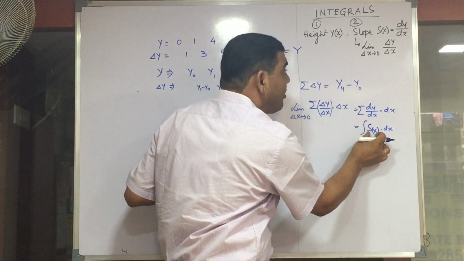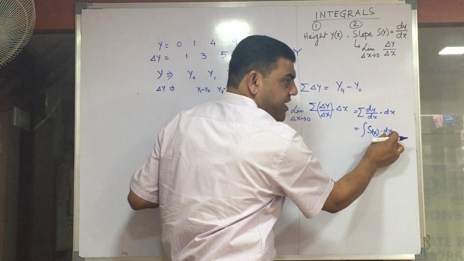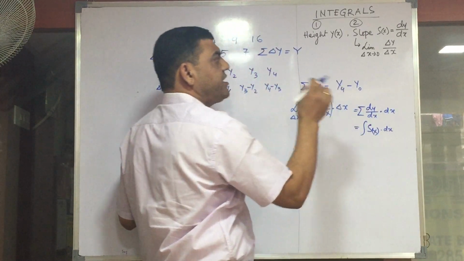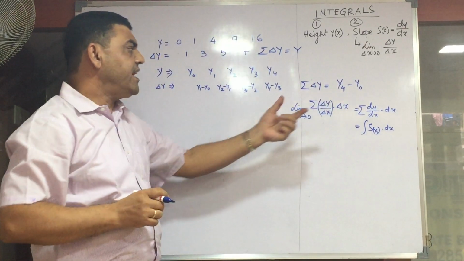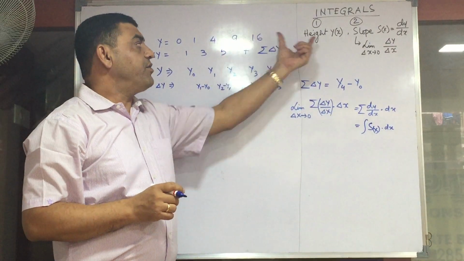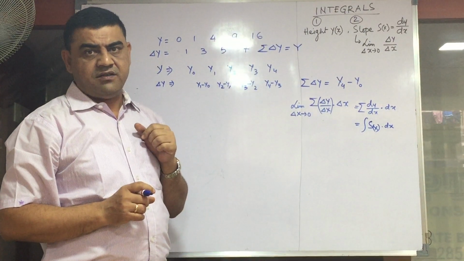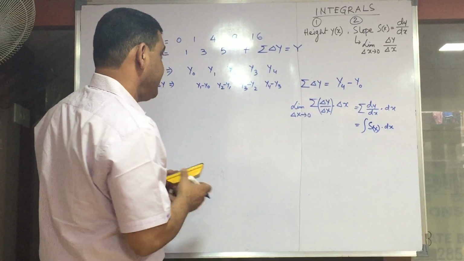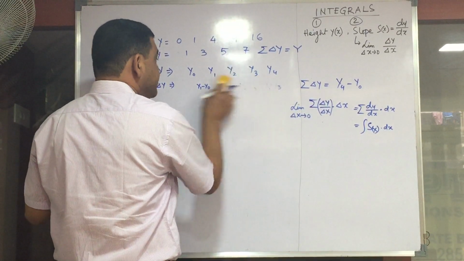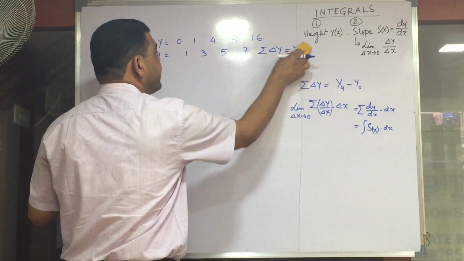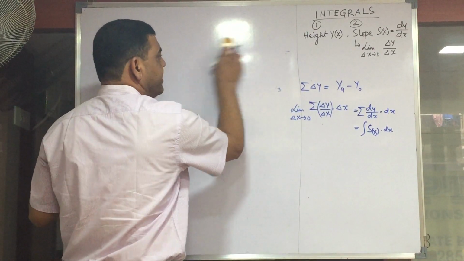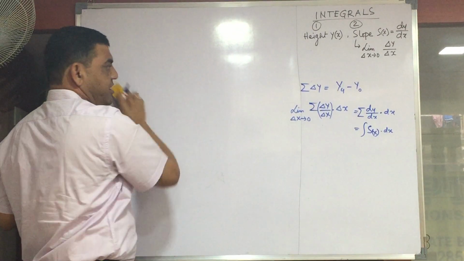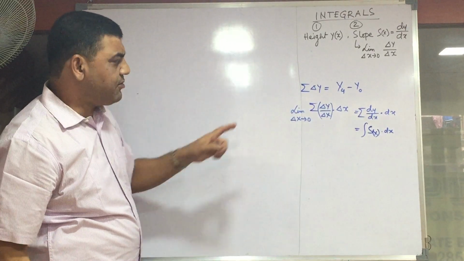So the value of the second function multiplied by its width is nothing but each and every area. That gives you the total information about the first function. Let us take a calculus example to see the implementation of integration, the concept I have been explaining using arithmetic, algebraic and calculus approaches.